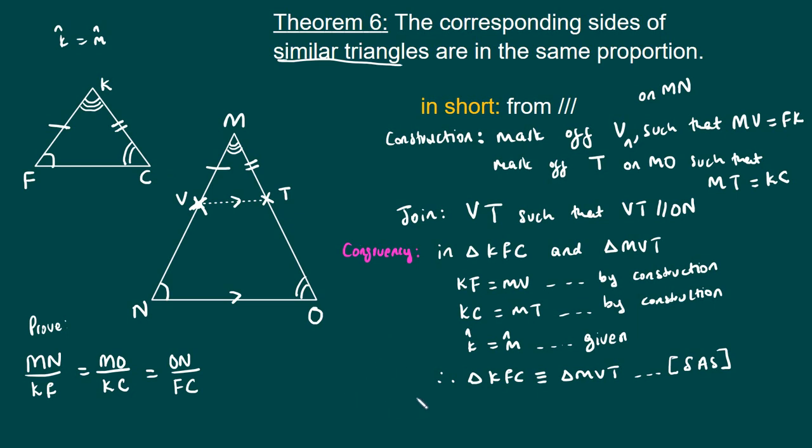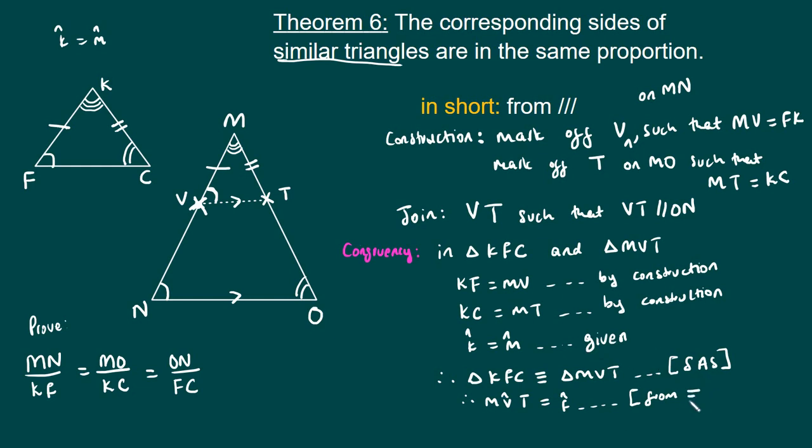That will tell you that this angle here, so we say therefore angle MVT is going to be equal to what? To angle F. Okay? Why? This is from congruency.